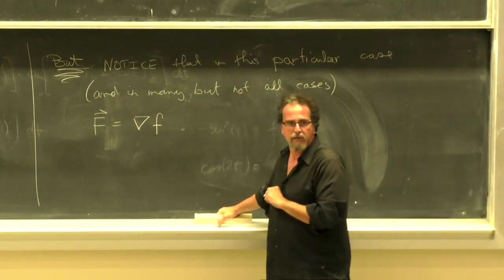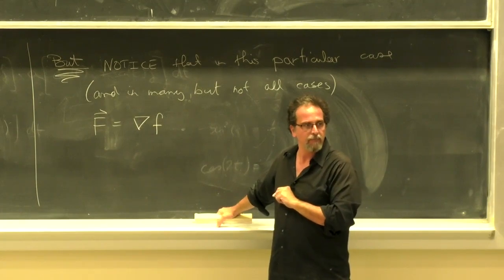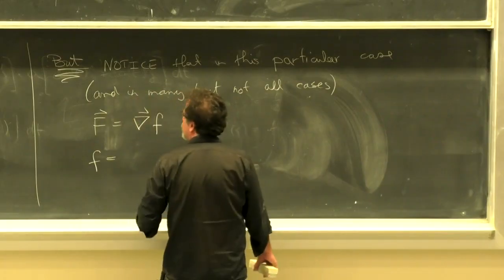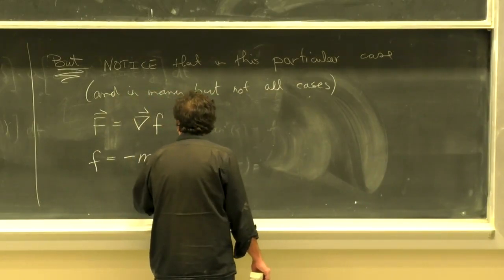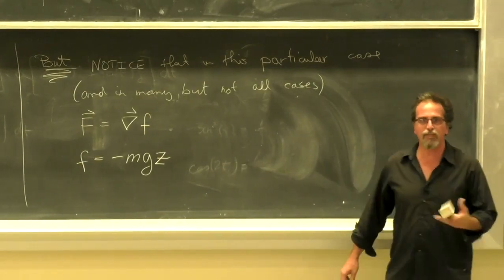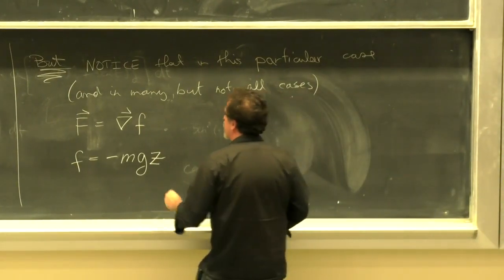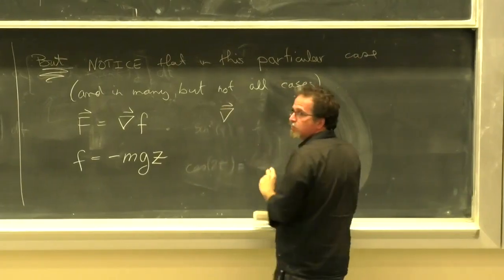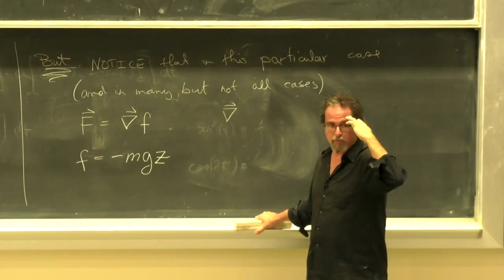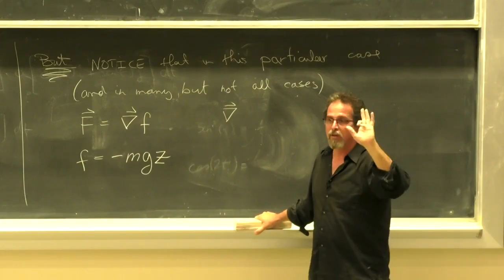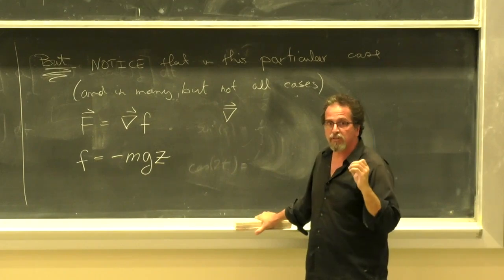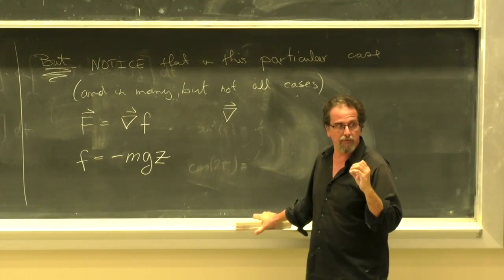Can I use little f? I'm going to use little f. What is that function? Little f is equal to negative mgz. What's the gradient of little f? This is gradient, 21C, right? Remember 21C, gradient and directional derivative. At this stage in the game, I would like you to remember the definition of the gradient and the definition of the directional derivative.